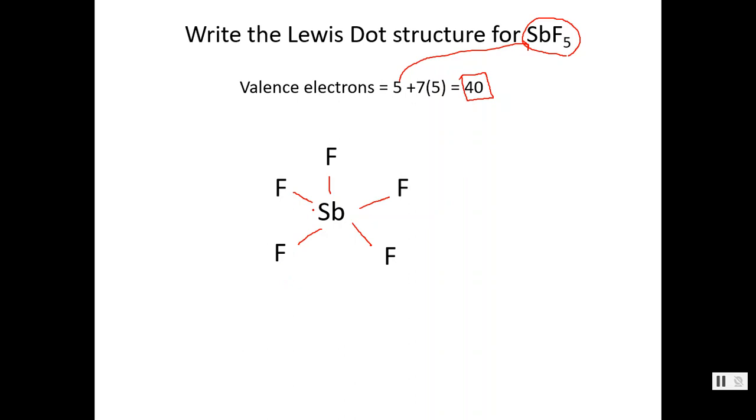Remembering octet is 8 electrons. So when I start doing my electrons, I kind of count by singles. I've already used 10 of my 40. I'm going to start doing my octets. So 11, 12, 13, 14, 15, 16. I have now used 16 of my 40 valence electrons.